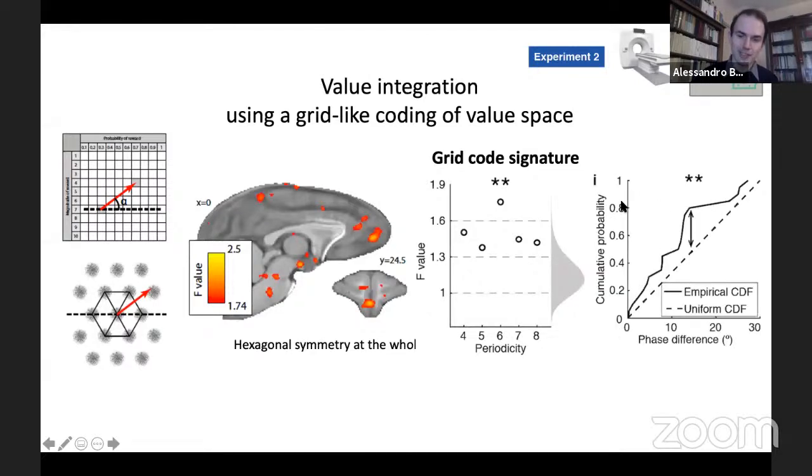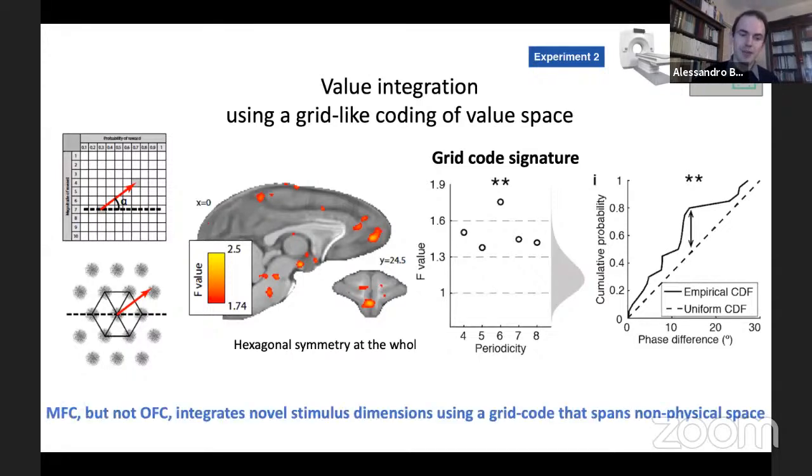And we also tested, by estimating this grid in two separate subsets of each session, that there is a consistency. So we now know that in MFC, there seems to be a grid code that spans this non-physical space that monkeys are exploring when they see one option at a time.